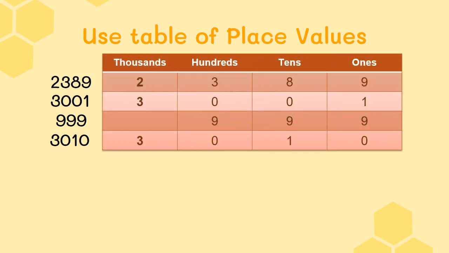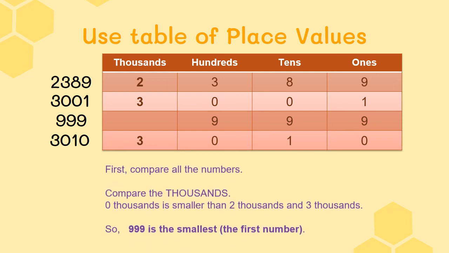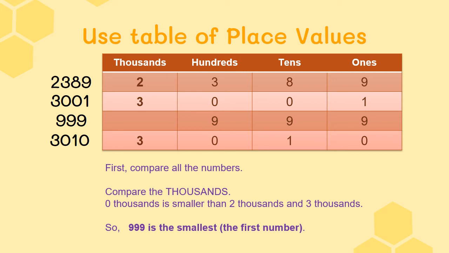And once again, we compare the thousands place. Which is the smallest? 2, 3, 0, 3? Of course, 0. 0,000 is smaller than 2,000 and 3,000. So, 999, which number doesn't have thousands, is the smallest or the first number in order.